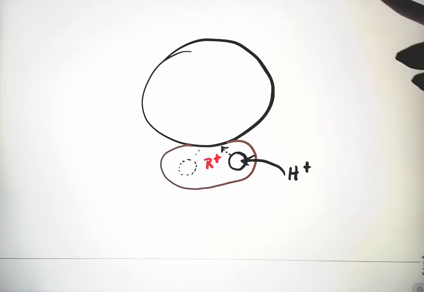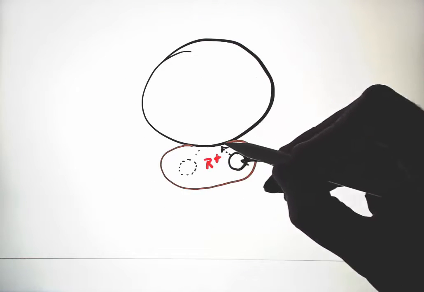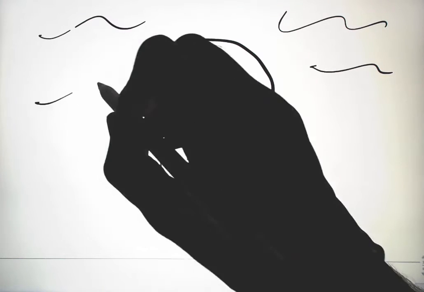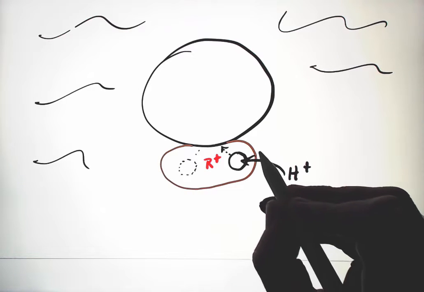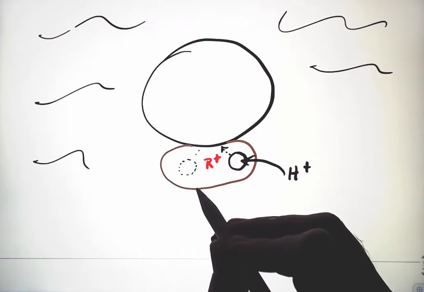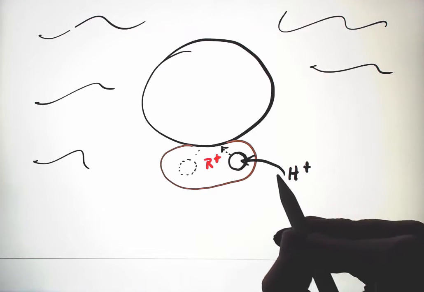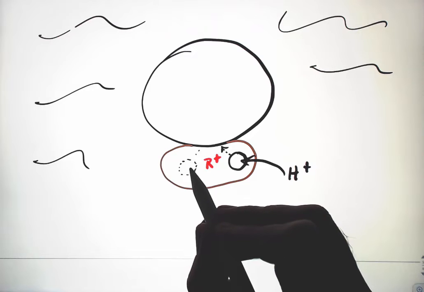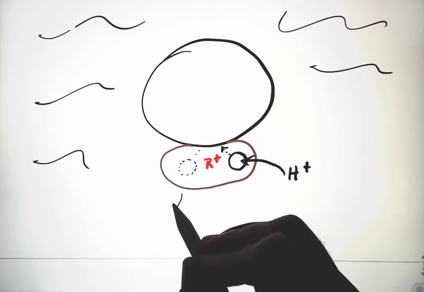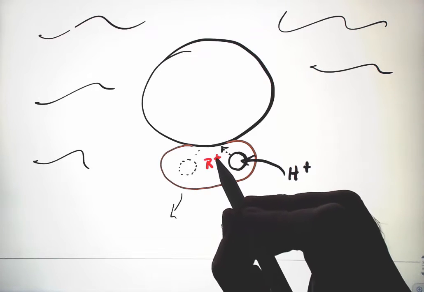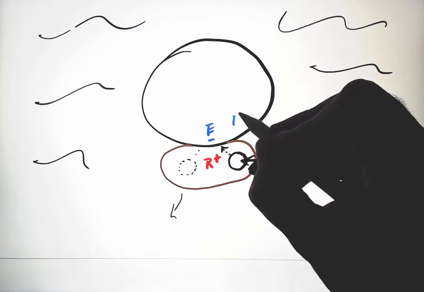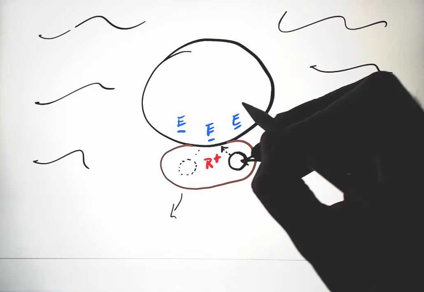If we looked at it from above, we'd see the cylinder embedded in membrane, and then a different protein that's attached to the cylinder holds the proton half channel that brings protons in and the proton half channel through which the protons leave. The positively charged arginine is also here. The E minuses are back in the cylinder.